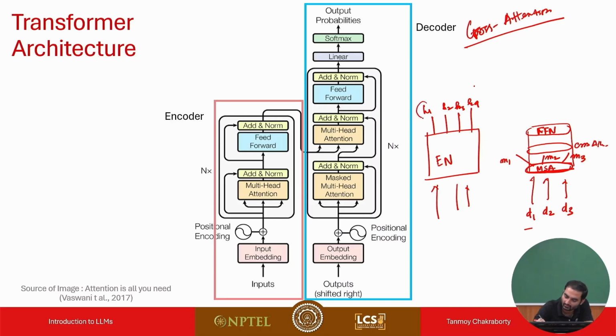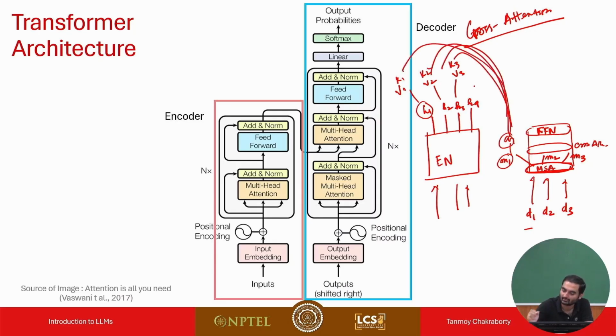Meaning that from the encoder you will generate K1 V1, K2 V2, K3 V3. For this you need another set of parameters. And from M1 we generate Q1. So Q1 will attend to all the keys in the encoder. Similarly, Q2, which will be generated from here, will attend to all the keys in the encoder, and so on and so forth. This is called cross attention.